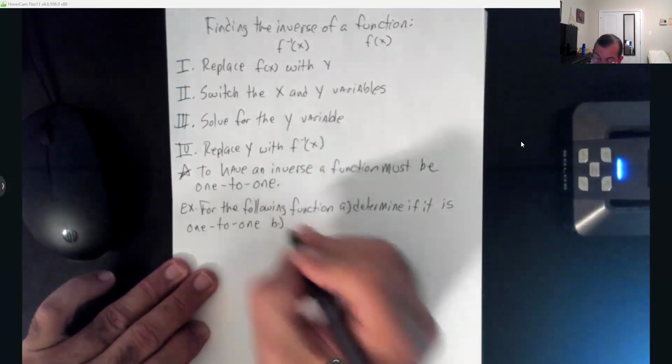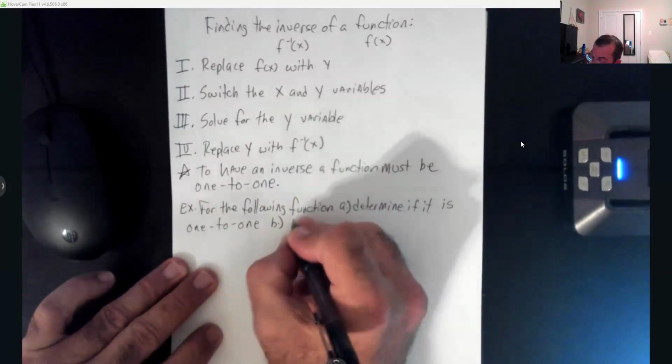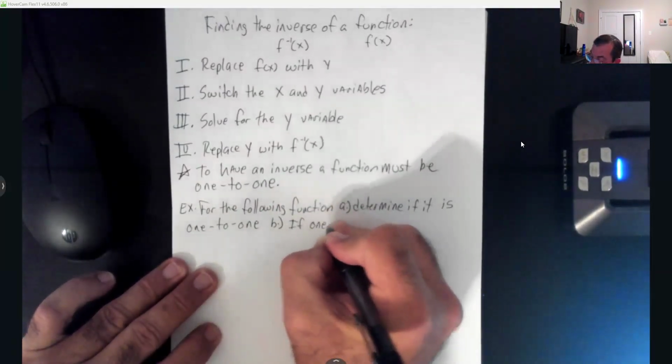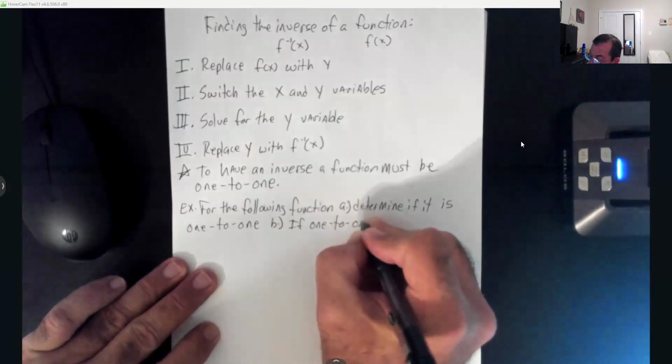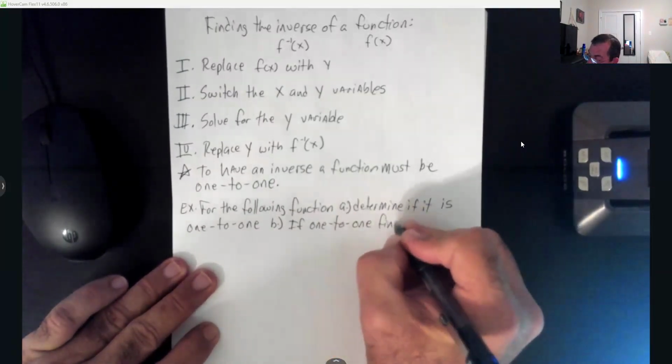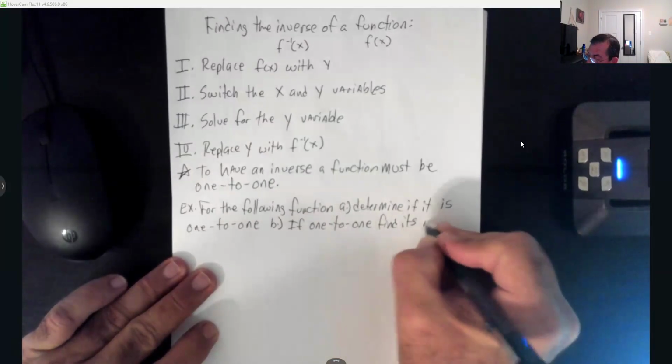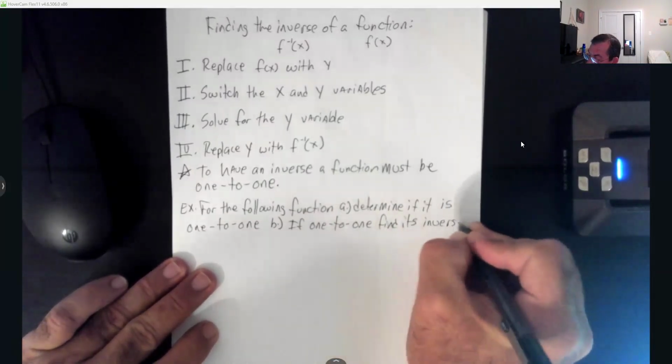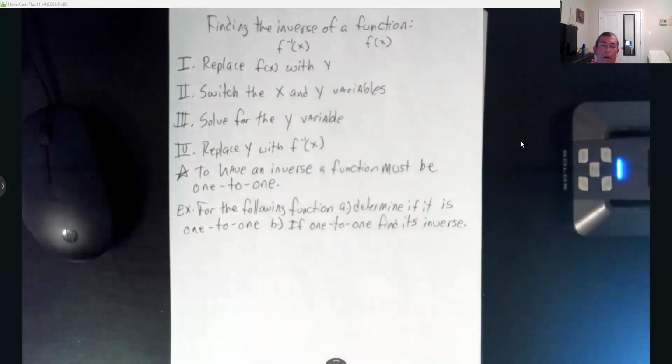And then B, if 1-to-1, find its inverse. So you can just graph them real quick on your calculator to check if you want to. But like I said, they're all 1-to-1, okay?